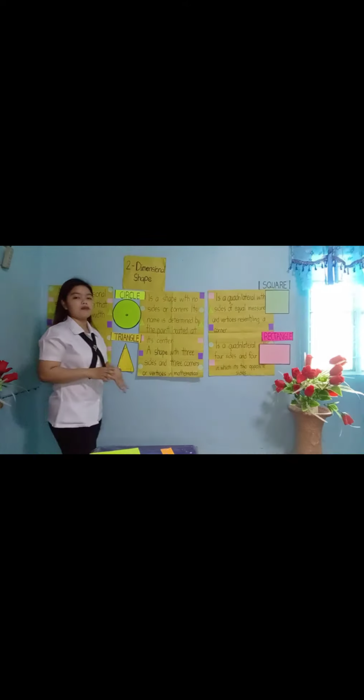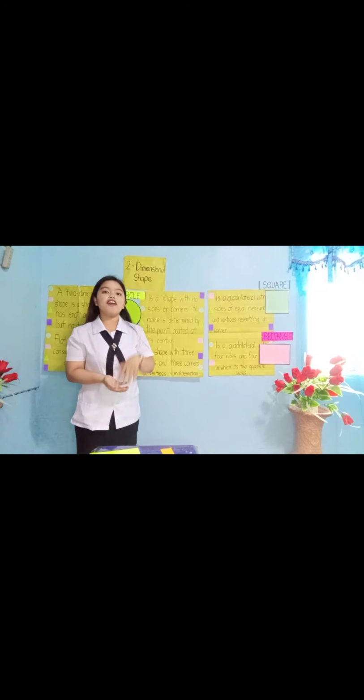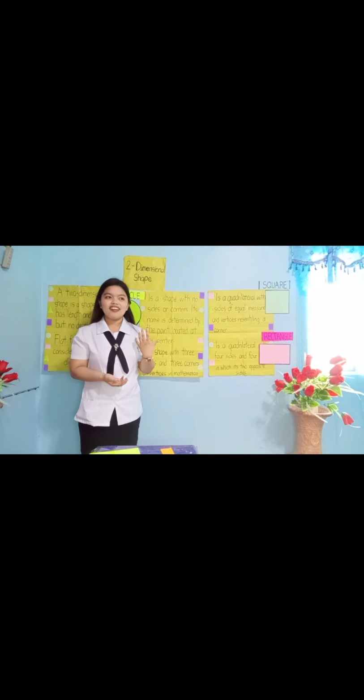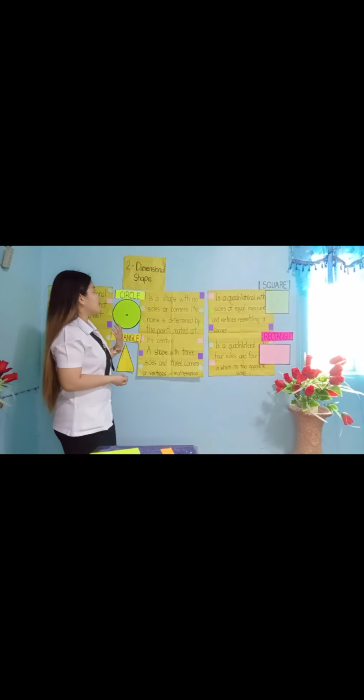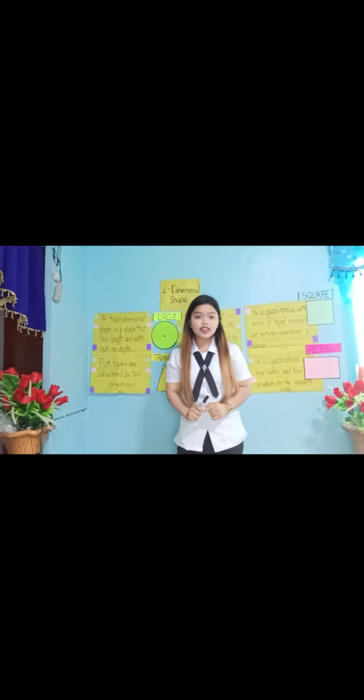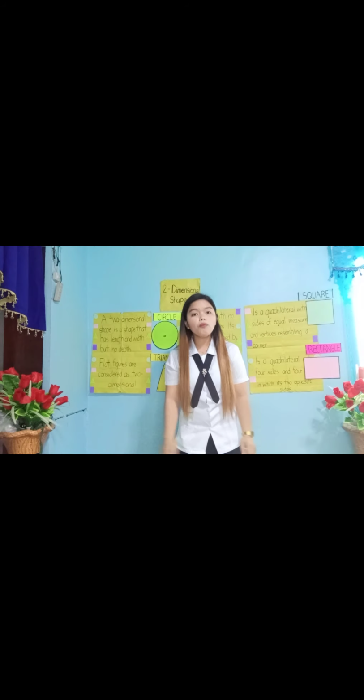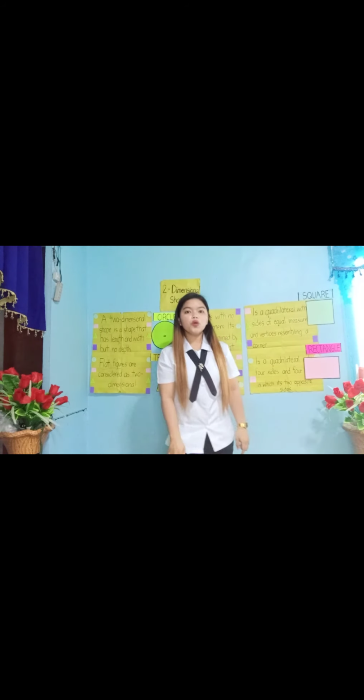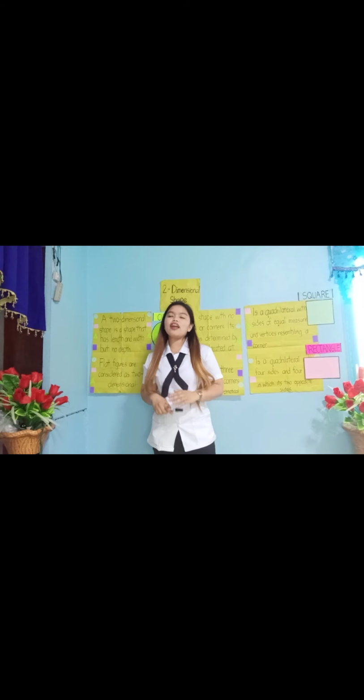There are many two-dimensional shapes that we can see in our house or everywhere, so we should always notice the shape of things. A two-dimensional shape has length and width. I hope you learn more and use it in your everyday lives.